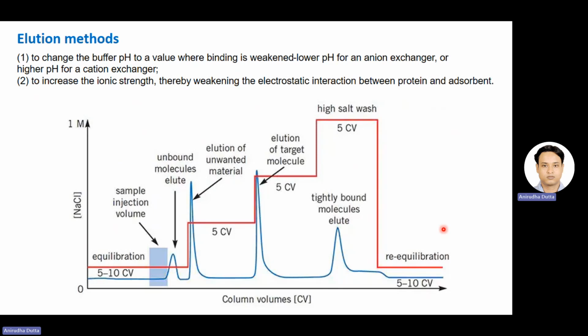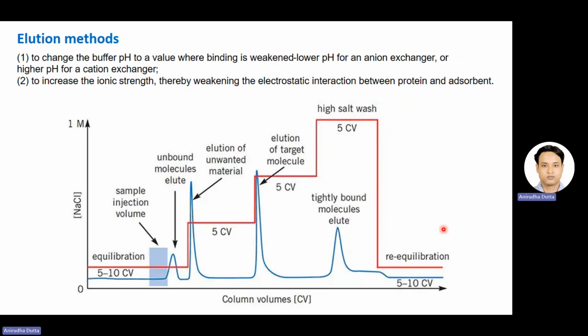As we discussed, if we change the pH of the buffer, the net charge on the protein would change. Initially, suppose we are running an anion exchange column, and the protein was highly negatively charged at pH 9.